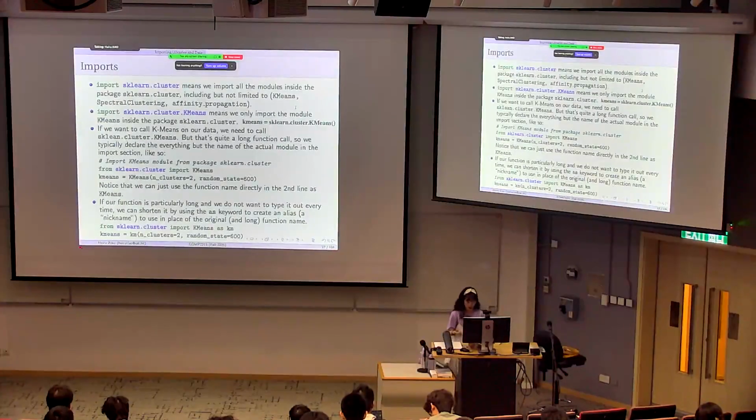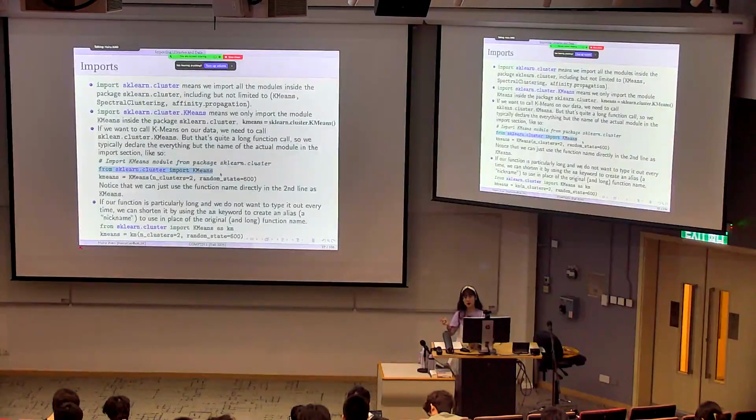That is, you need to write the complete information of this k-means, from the library to the package to this module. Quite long. So typically, we declare everything but the name of the actual module in the import. We use this way: from scikit-learn.cluster import k-means. That means we want to import the module k-means from the package scikit-learn.cluster.